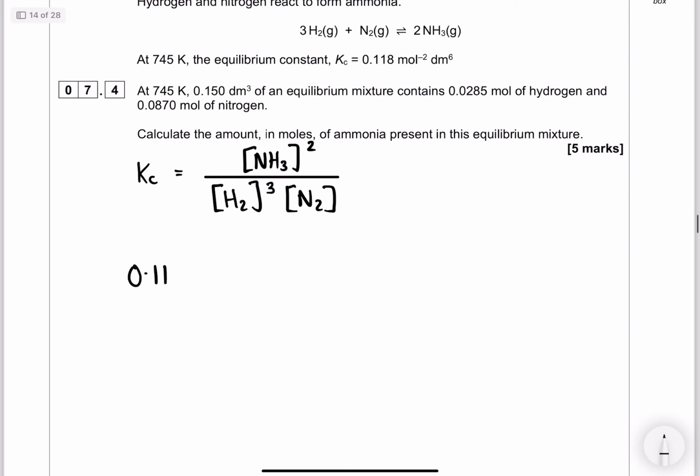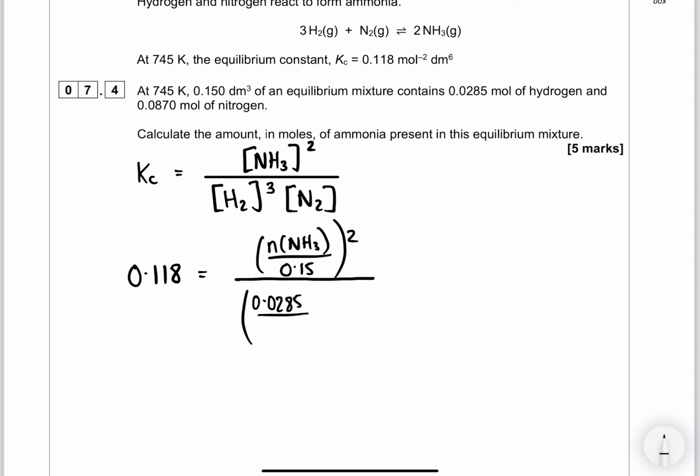So our 0.118 is equal to the amount of moles of ammonia, which is the thing that we need to find, divided by the volume, 0.15, squared, divided by the moles of hydrogen, 0.0285 over the volume, cubed, moles of nitrogen, divided by volume.